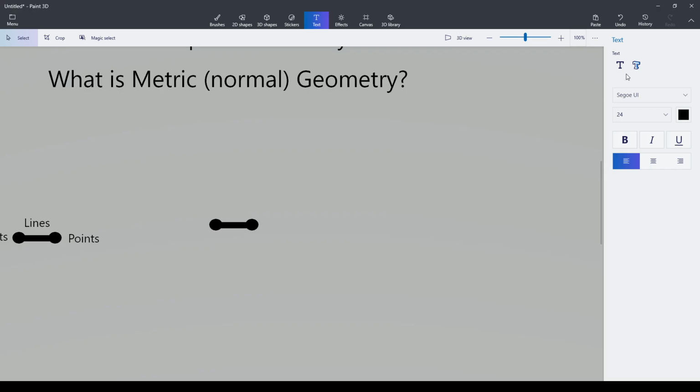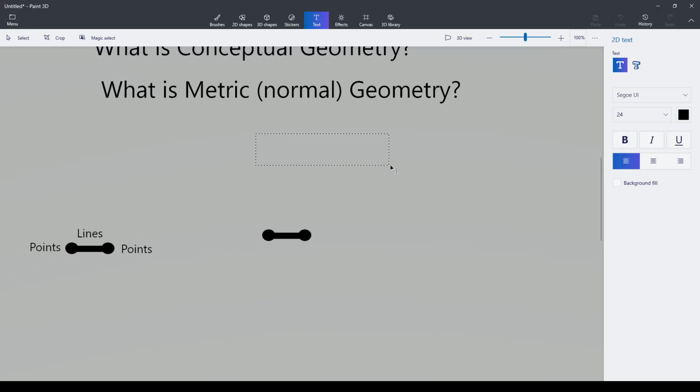Now, in conceptual geometry, and this will make more sense in a minute, these are vertices, vertex singular, and relations.